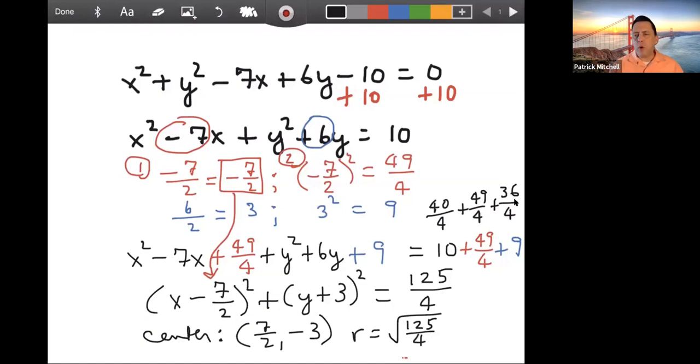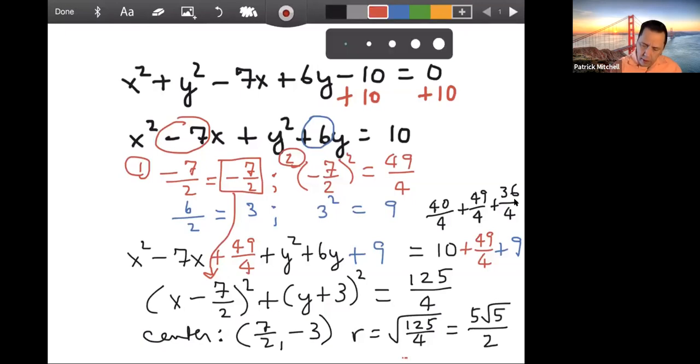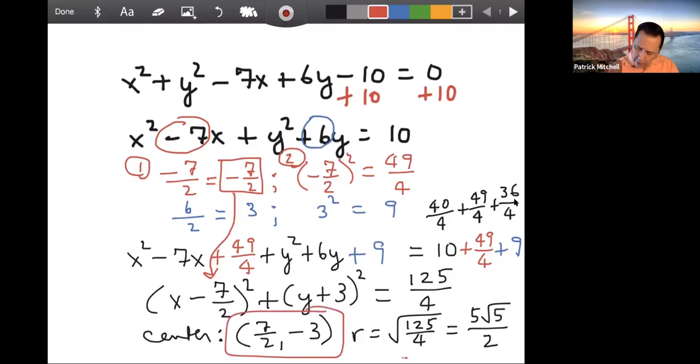The square root of 125 simplifies to square root of 25 times 5, which is 5 square root of 5. And of course, the square root of 4 is 2. So the center of this circle is (7/2, -3). And the radius is 5 square root of 5 over 2.